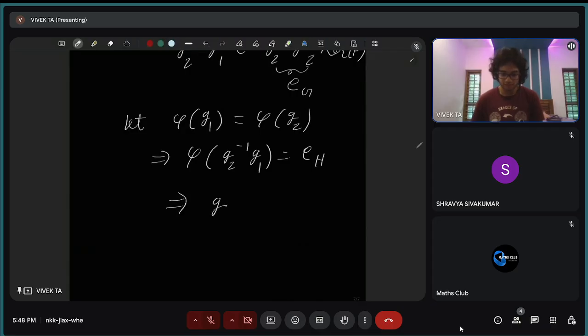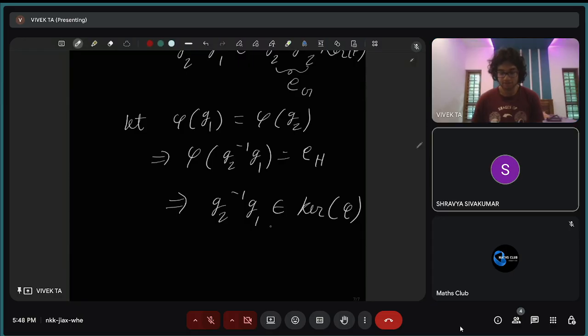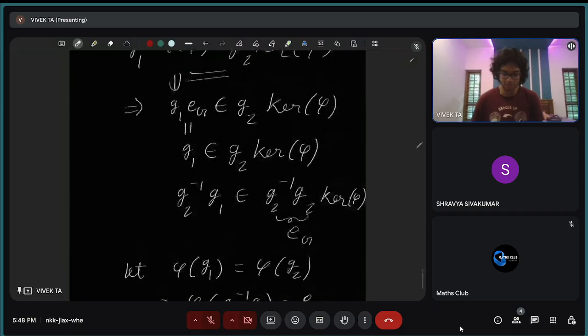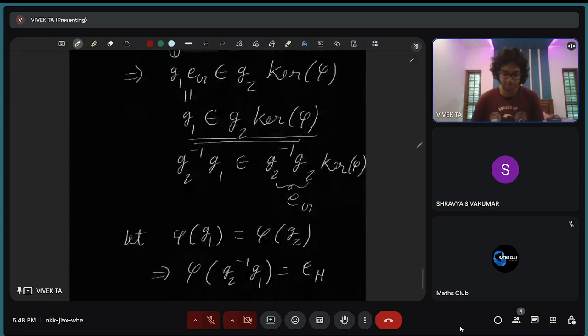But this would imply g2 inverse g1 belongs to the kernel of phi. By that definition, you arrive here. True, right?